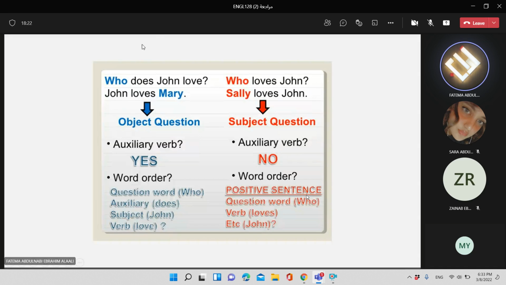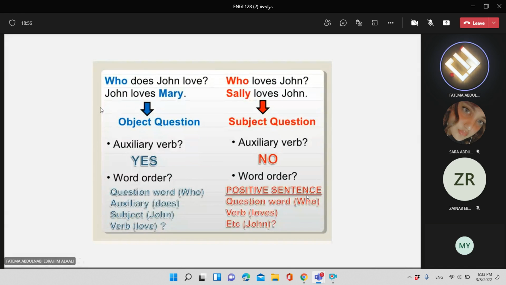John is singular, so we use does. If the subject was, for example, we loves Mary, do we use does? No, we use do. This is the first thing that we have to be careful about, choosing the right helping verb. The second one: if we choose does, we should adjust the verb.